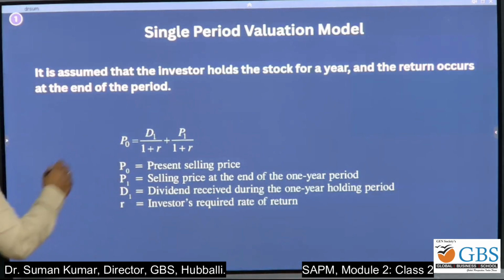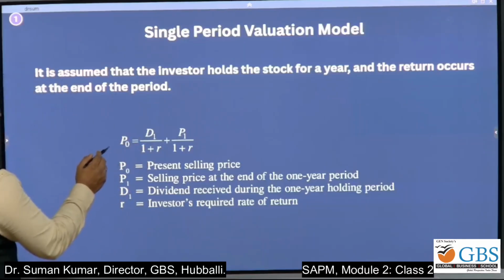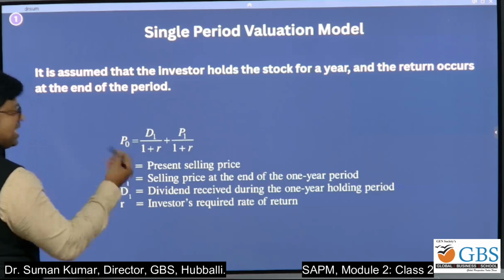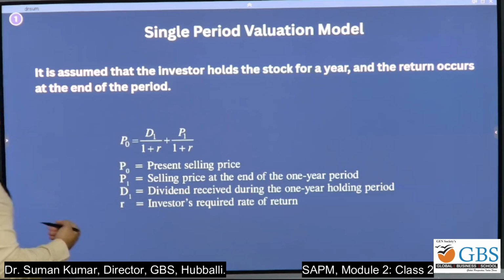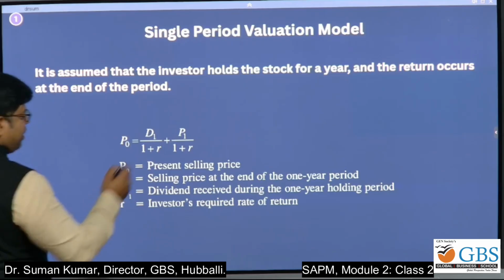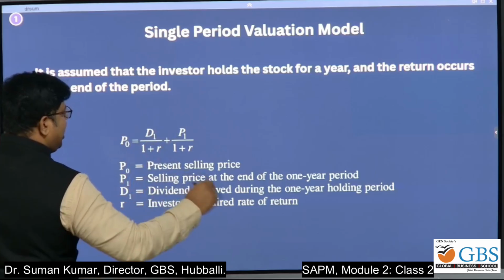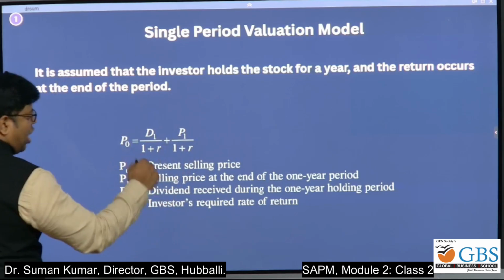And this is the formula. So what is this D1? P0 means the present price, that is present value. D1 is the dividend received during the 1 year holding period. And what is P1? Selling price at the end of the 1 year. This is the selling price, so we are going to discount it.